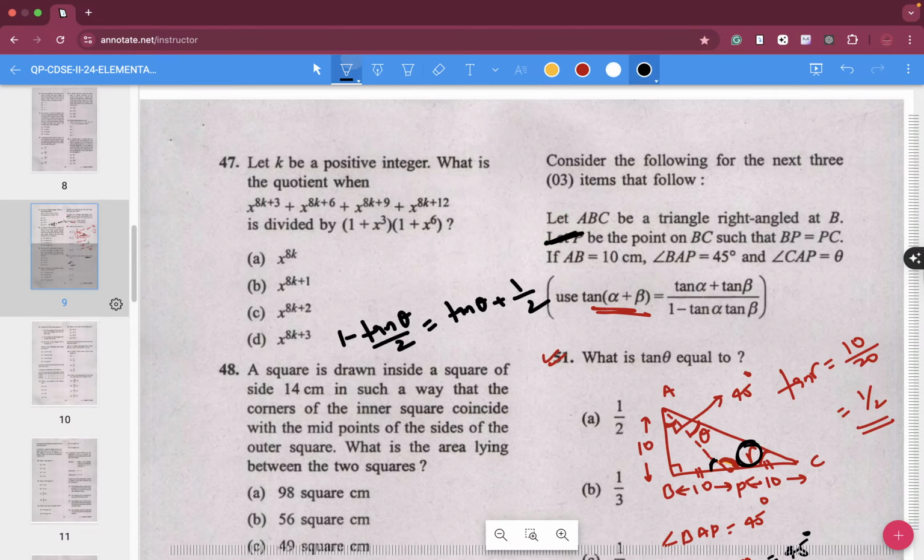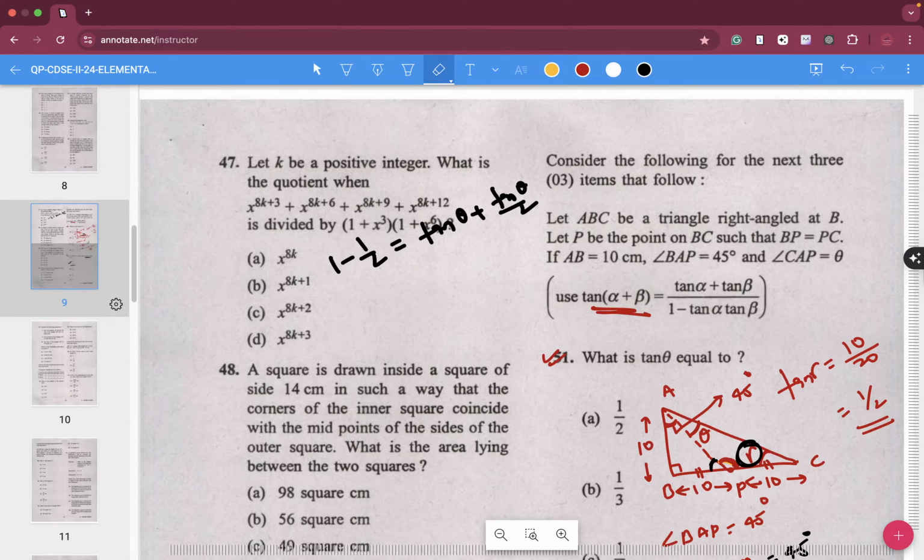So now over here this is your 1 and this is your half. 1 minus half is how much? 1 minus half is half only, isn't it?